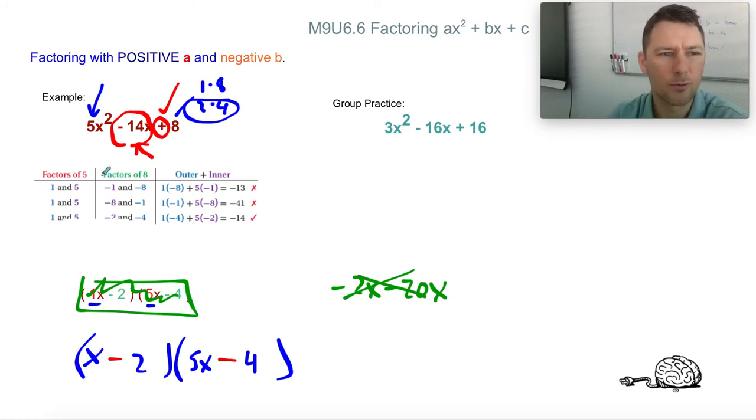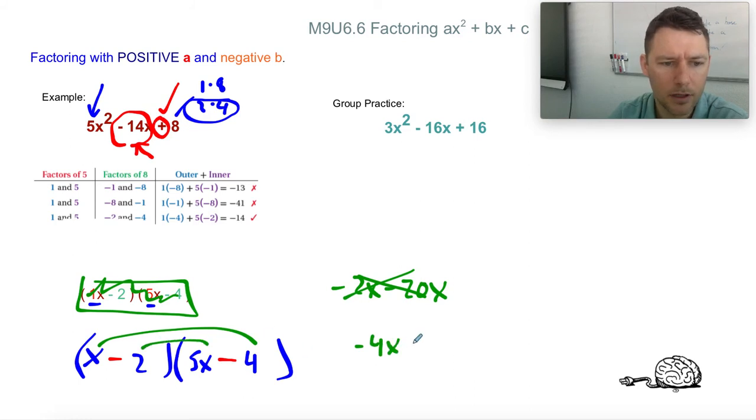We really don't have to check this and this again, but it's 5x squared, yes. Positive 8, yes. And this piece is negative 4x minus 10 more x. And that's the negative 14 we're looking for.